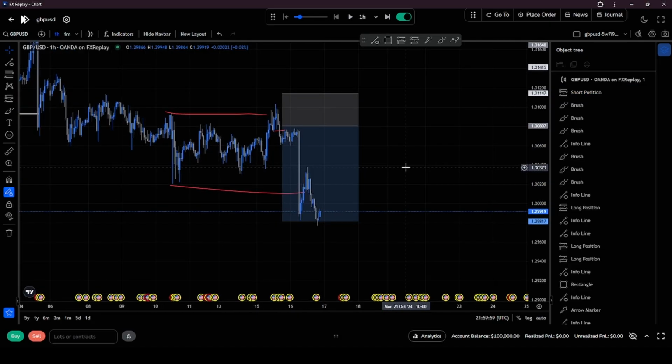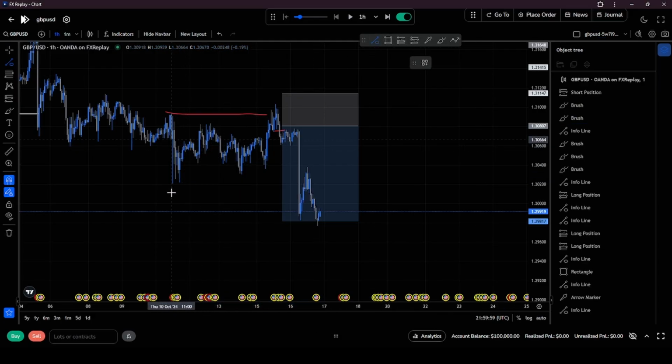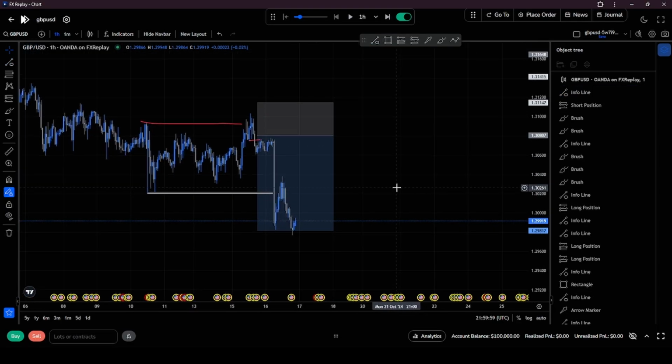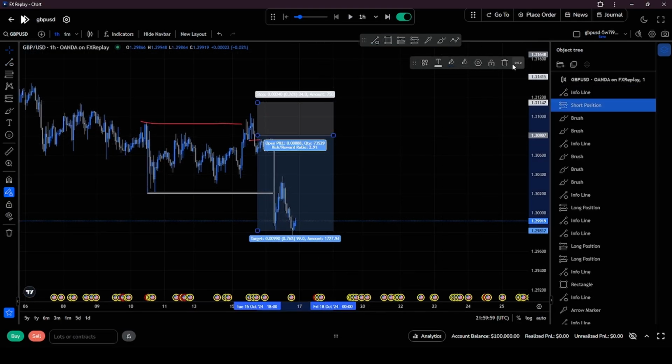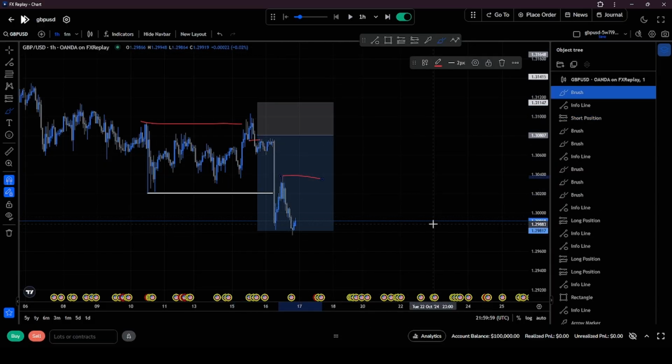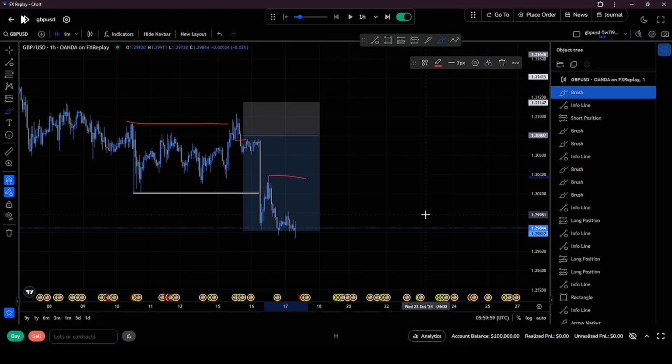So let's go forward. This is then our valid break of structure. And then this is our inducement. So let's see.